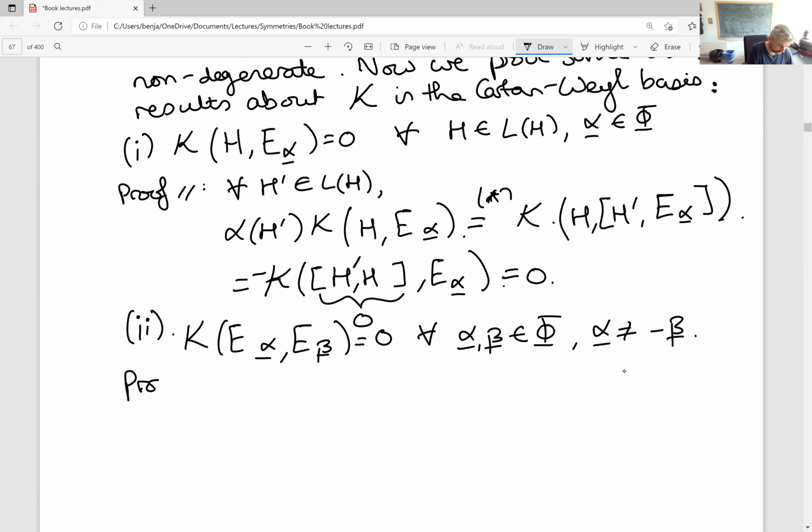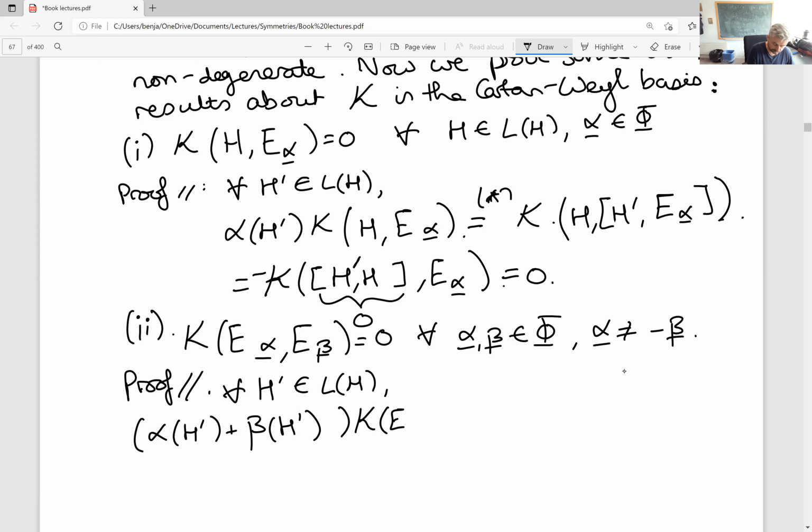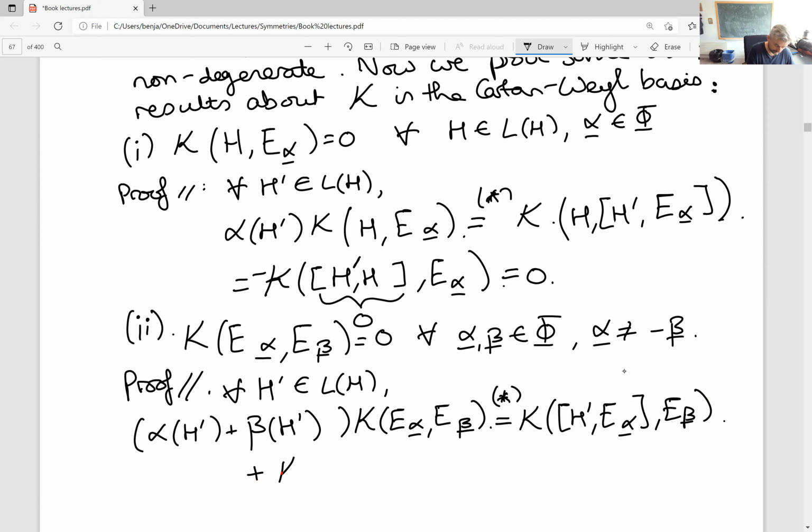So to prove this, again, for all H' in the Cartan subalgebra, if we consider α(H') plus β(H') acting on the Killing form of E^α, E^β, well, again, we can use our starred equation for each of these terms, and we get the Killing form of [H', E^α], E^β, and the second term we get E^β.